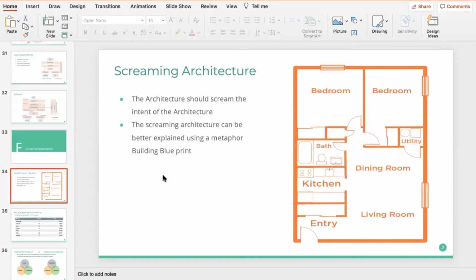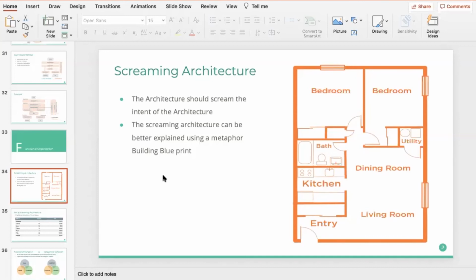Whenever you design your architecture, it asks whether it is a screaming architecture or not. The moment you see it, you should be able to scream its intent. Like in this example, we know it's a blueprint of a building or a flat. It's screaming its intent, and the users are able to understand what it is.